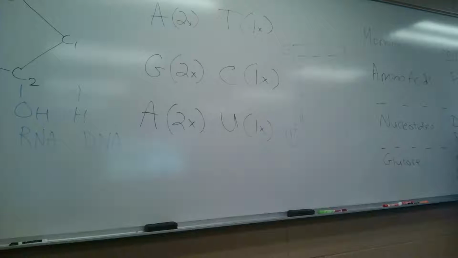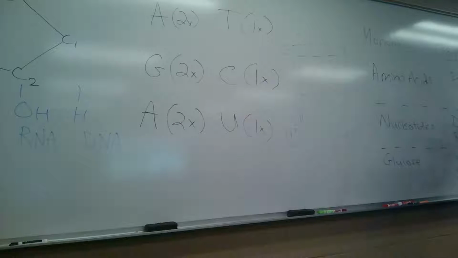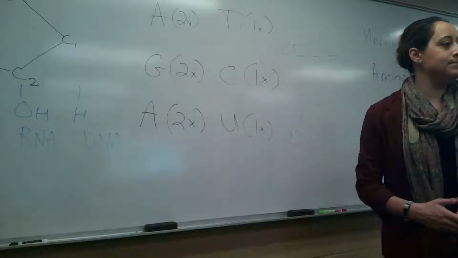Because we have the base pairs, and there are only two types of pairs. On the left-hand strand, maybe we would flip this over, maybe we have thymine on the left-hand side of cytosine, but this is all we need to really understand the entire genome.